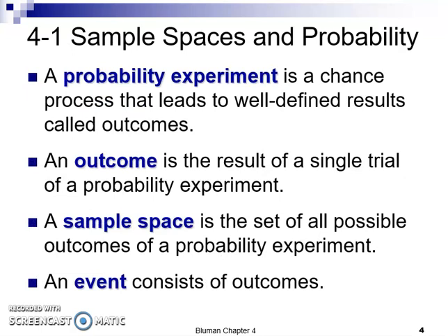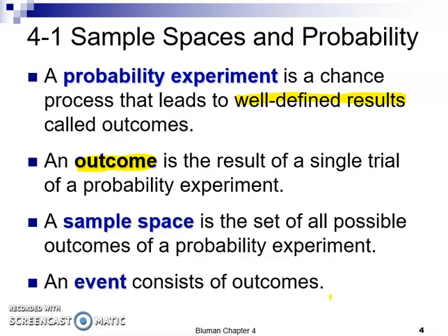So we have four definitions that I want you to be aware of. The first one being the probability experiment. And all that is a process, a chance process that leads to well-defined outcomes, well-defined results, which are called outcomes. So I'm going to be using that word outcome throughout the rest of this section.